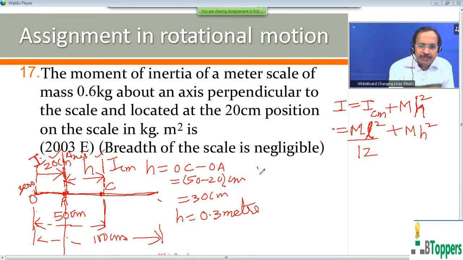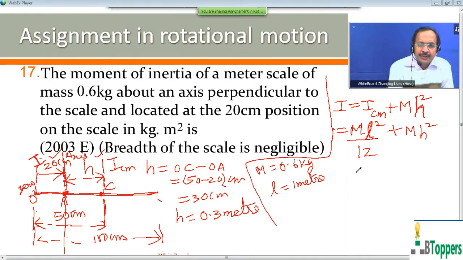Now we can substitute here the mass of the scale equal to 0.6 kg, and the length L of the scale is 1 meter because it is a meter scale here. So you can substitute these values in this equation and simplify it.